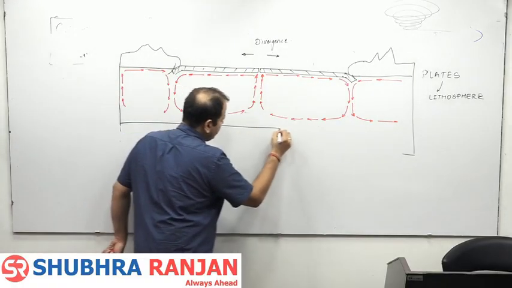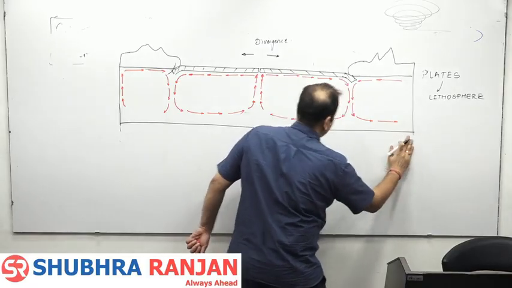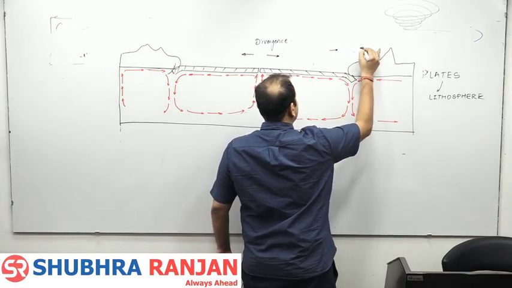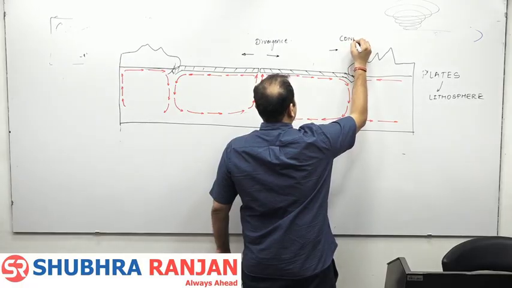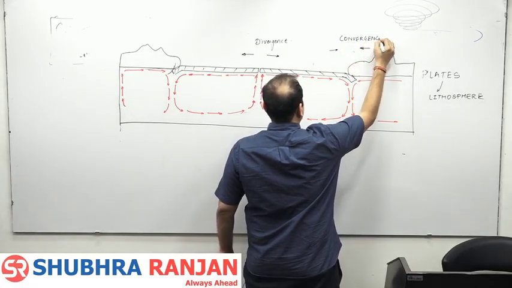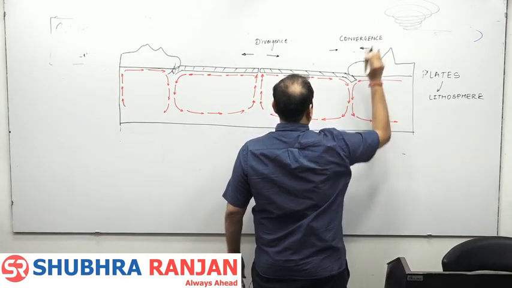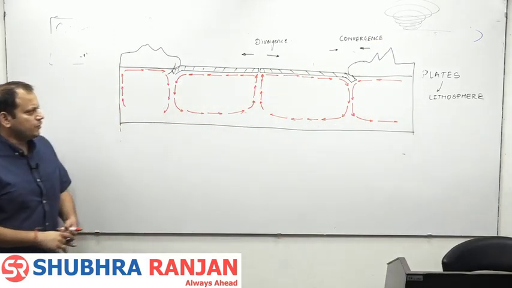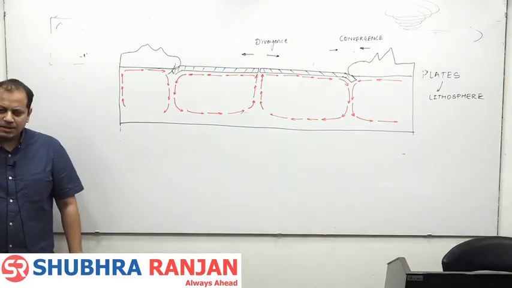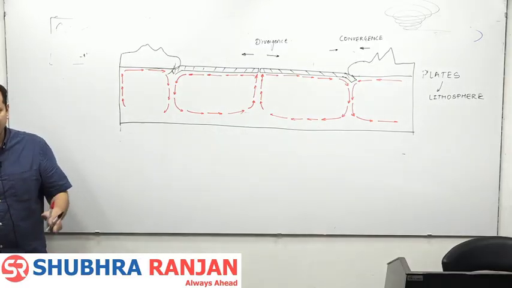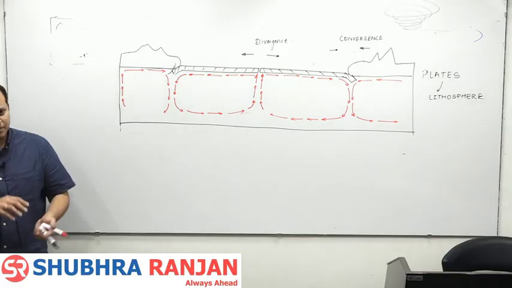Where the convectional currents meet each other, there is convergence, and where there is convergence there will be formation of the fold mountains. So this is the reason responsible for movement of the continents, movement of the plates.